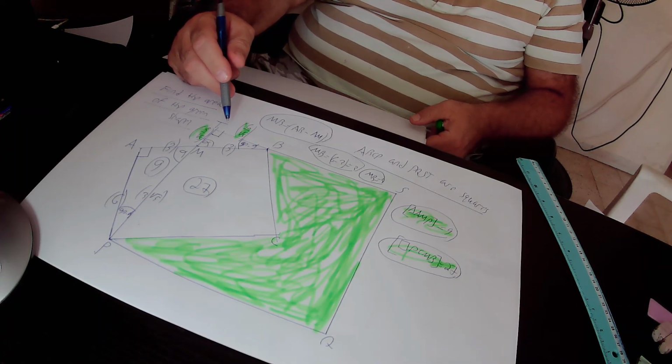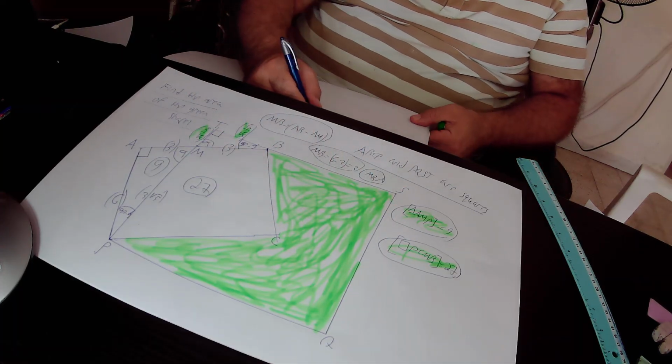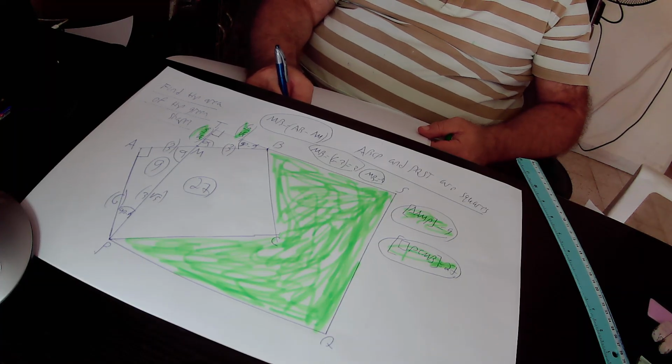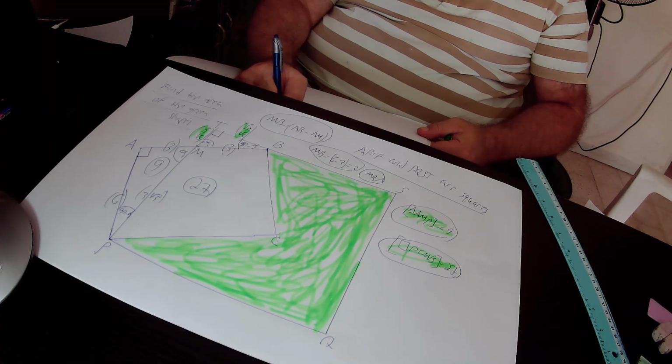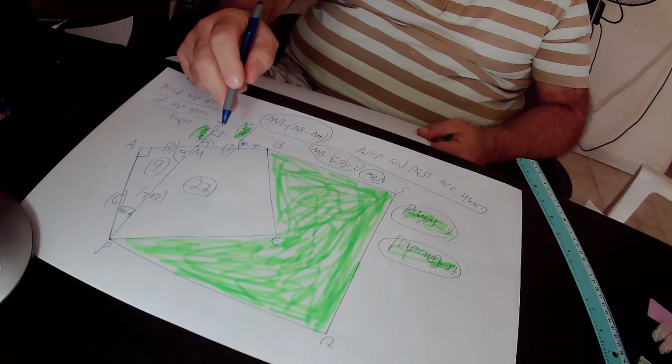So write it down. The area of the green shape equals the area of the big square TSQP minus the area of this quadrilateral MBCP.